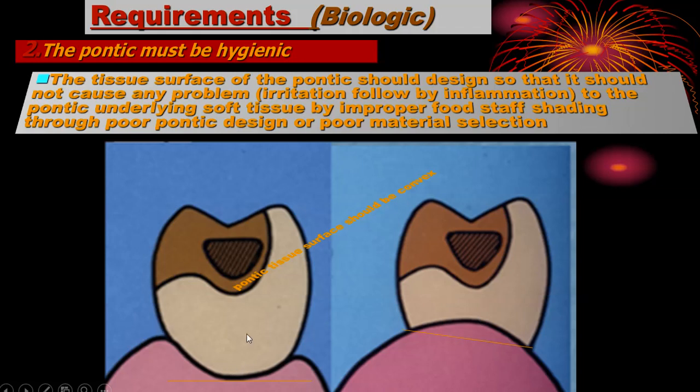So the design of the tissue surface should be such that there is passive, no pressure, and a more convex shape, so that it does not encourage foodstuff shedding and also gives the patient the ability to maintain a high standard of oral hygiene.